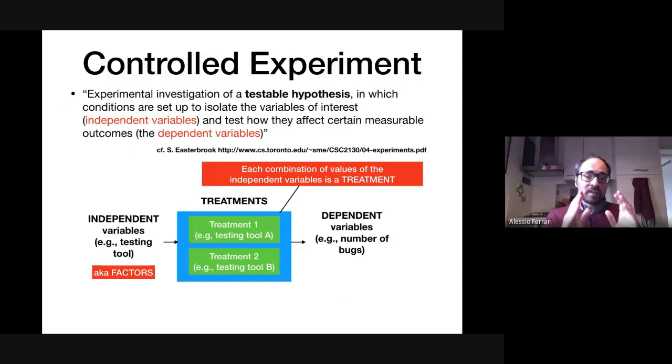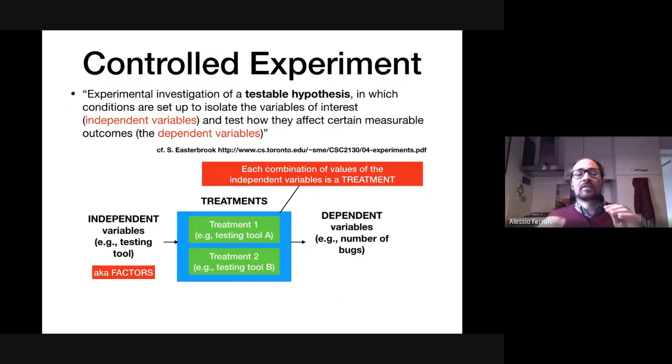For example, in the case of an experiment with software tools, the independent variable is the testing tool that I'm using. One treatment is with tool A and the second treatment is with tool B, because the testing tool as a variable can take tool A or tool B as values.